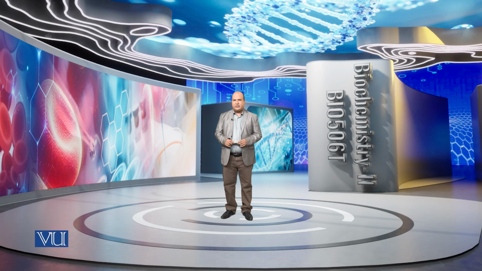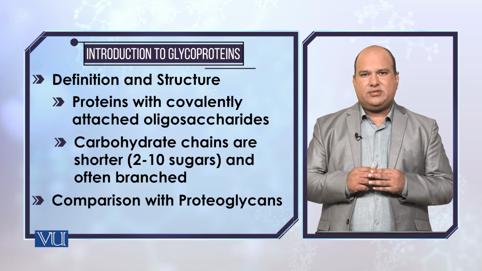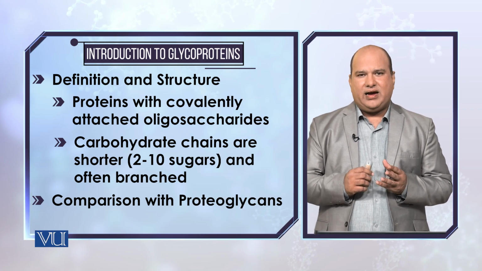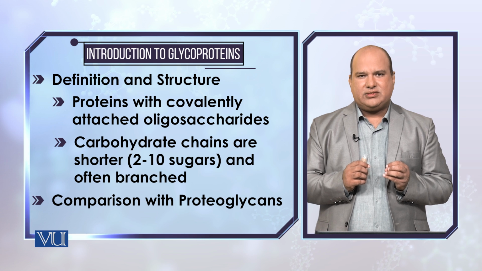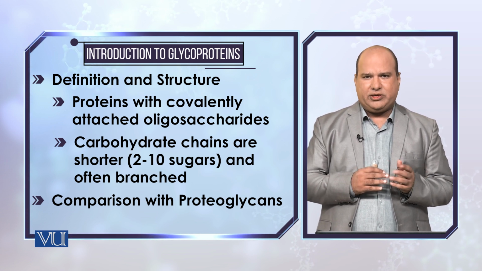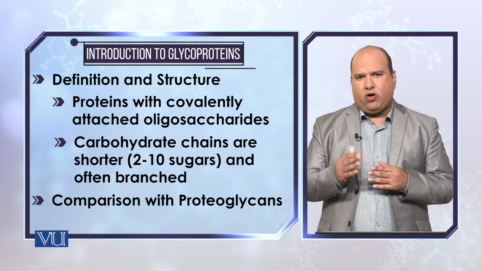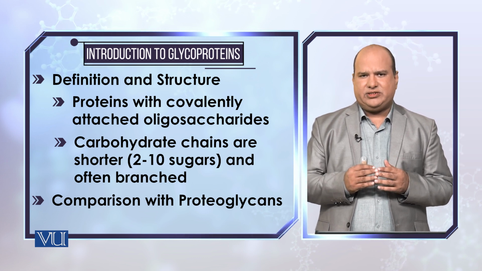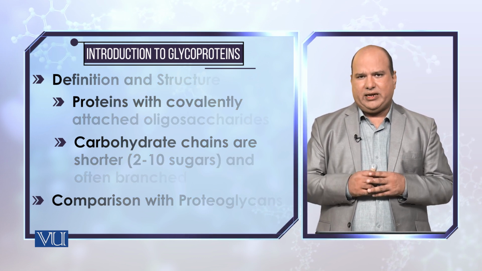Let's talk a little bit more about these molecules. So the glycoproteins are relatively simple or smaller molecules because they are made up of a protein molecule attached with the oligosaccharides, which are 2 to 10 residues of sugar molecules.